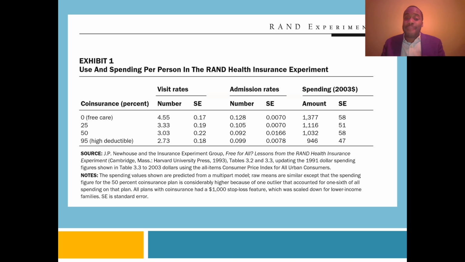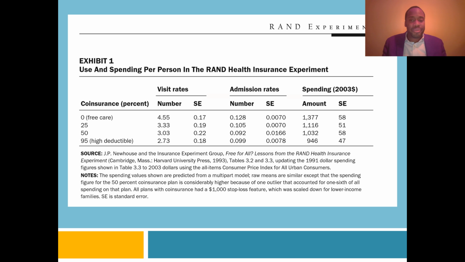It only dropped to 0.09 for admission rates as a percentage. That's a big deal, that it went from 13%, 0.128, only down to 10%, 0.09. That's a very small band. So that's something we would call inelastic. It's inelastic because even though the costs went up high, you didn't see the demand change a lot.